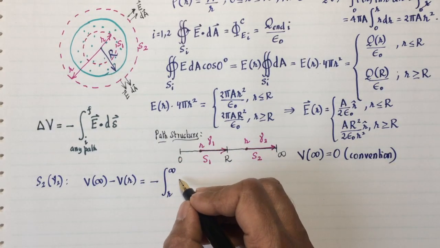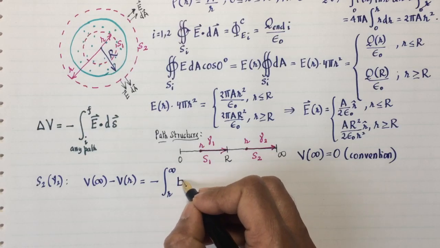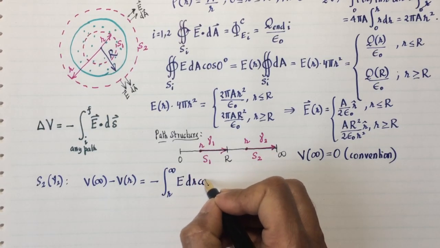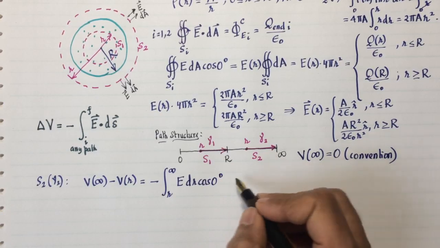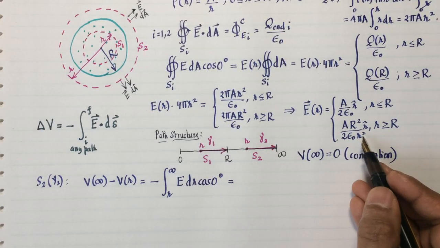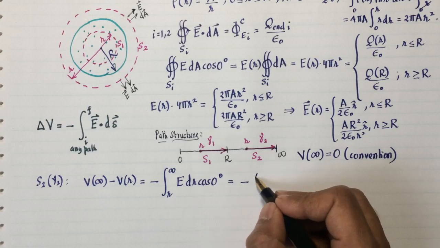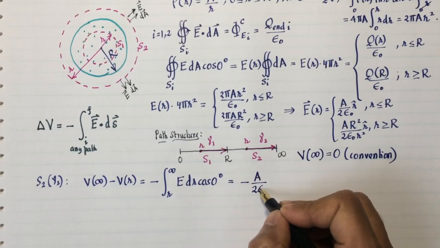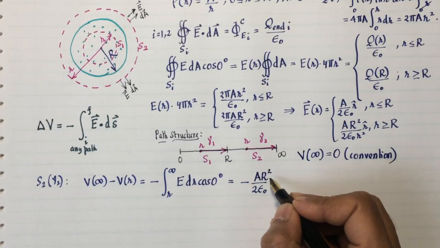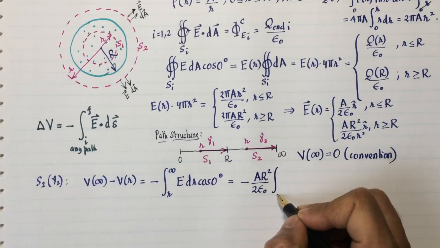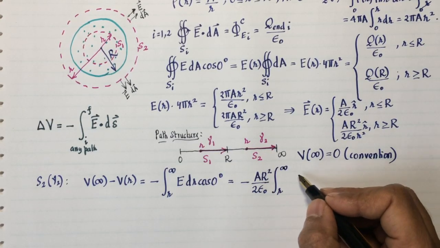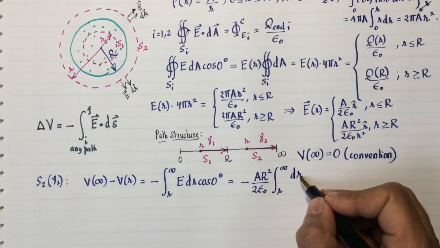So I'm going to get E times dr times cosine 0 degrees. And here I'm going to put this expression in. I'll pull out all the constant looking terms. So I'll get A over 2 epsilon naught R squared times the integral from r to infinity of dr over r squared.